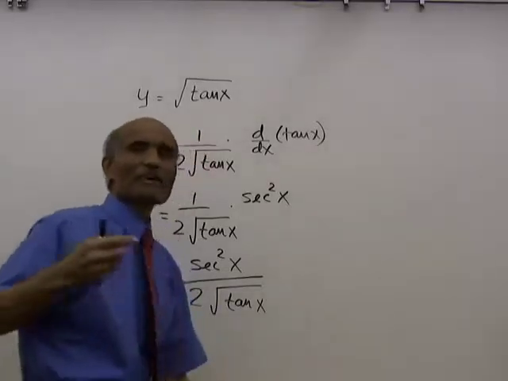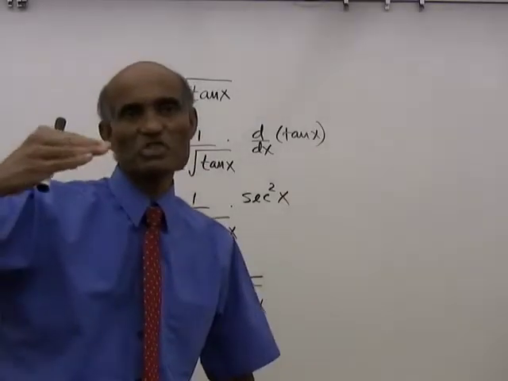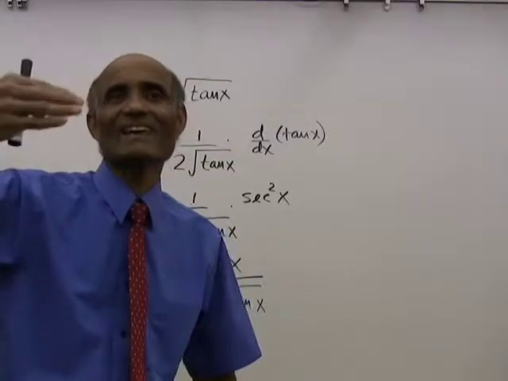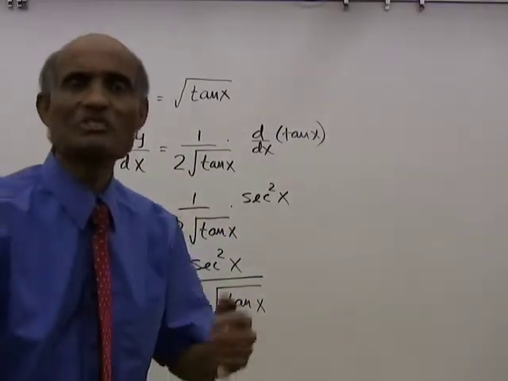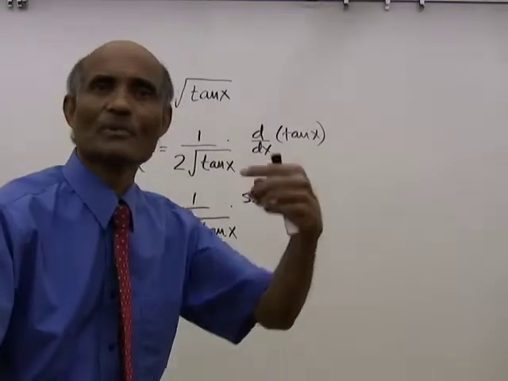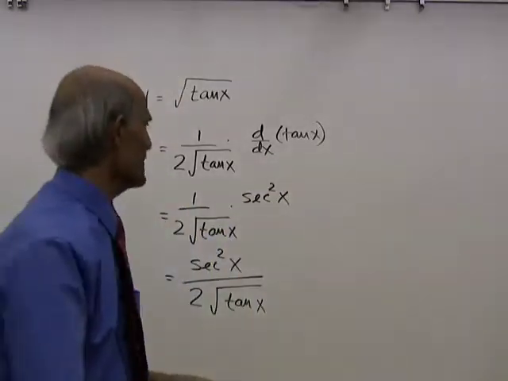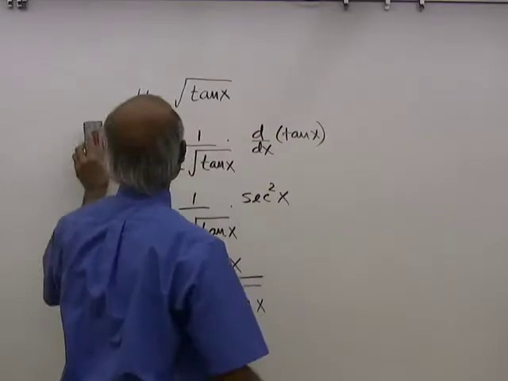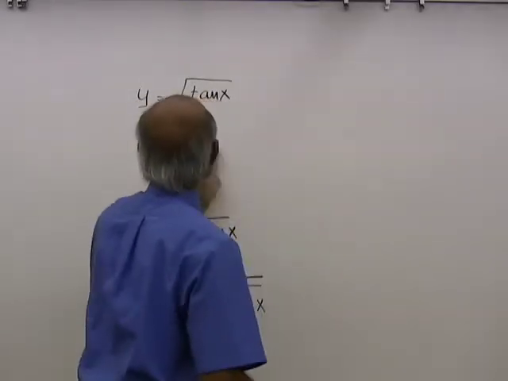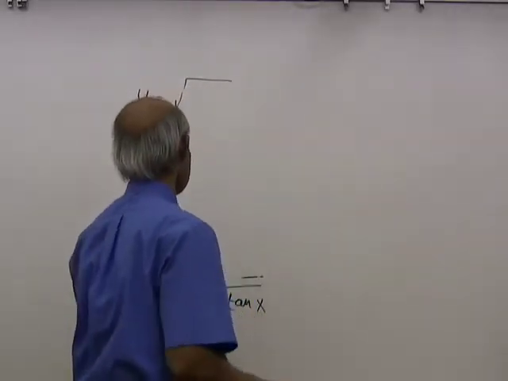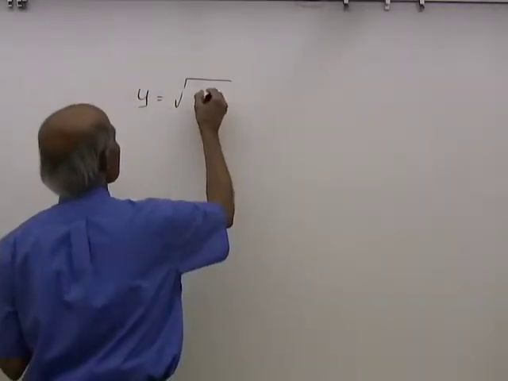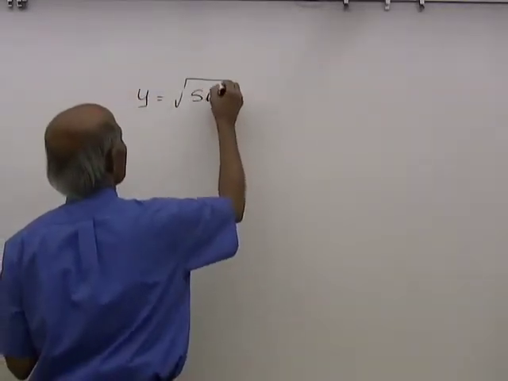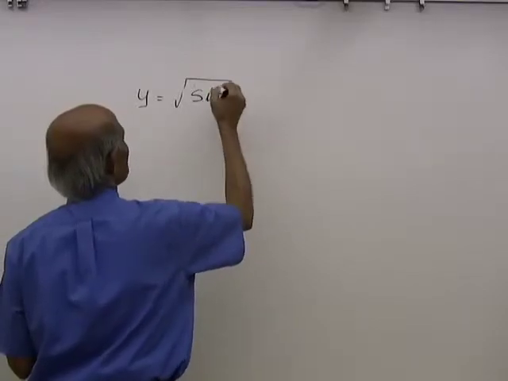Now, how about if I give you one that requires the chain to go to another link? This is just 2 links. If I give you one that has a third link, one more link, let's try that. Suppose I give you something like y equal to square root of sine cube x.